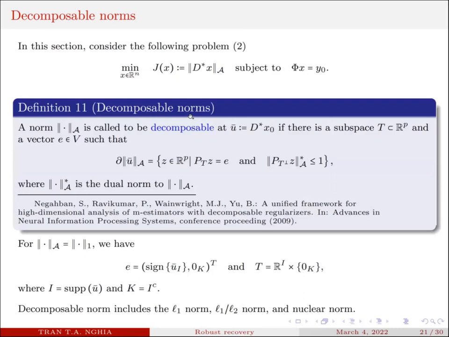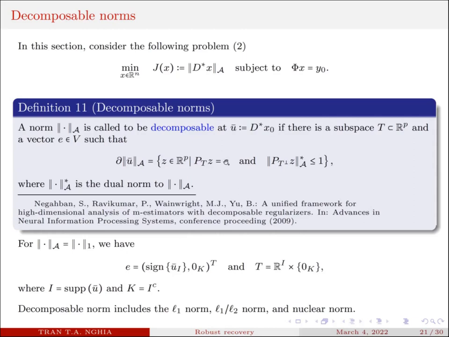So decomposable norms really means that we can decompose the subdifferential in this way. The projection to a subspace T is just a unit vector e, but the projection to its orthogonal complement T perp has dual norm less than or equal to 1 right here. Okay. So in the case of the L1 norm, you can recognize that it is very simple.